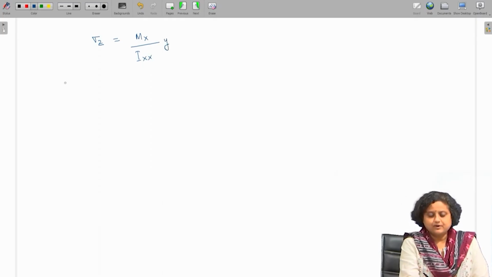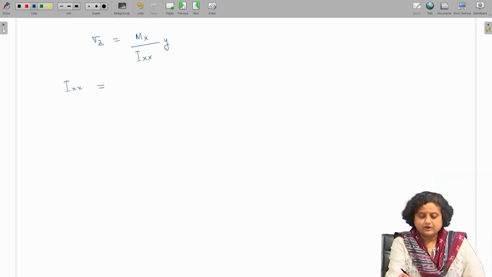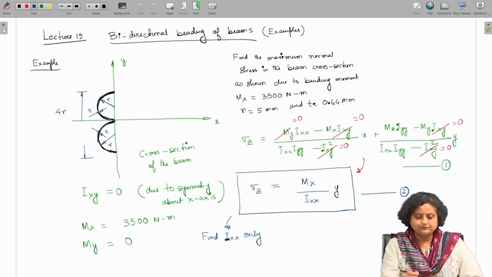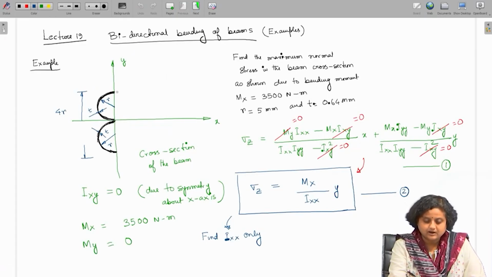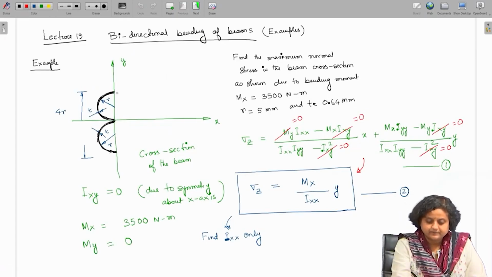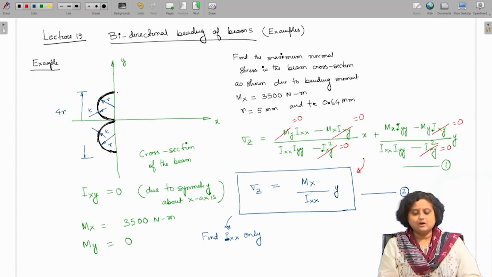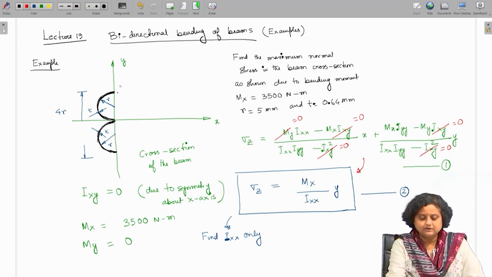Now, let us try to find Ixx for the given cross section. If we start from this point O, let us start the angle from here.